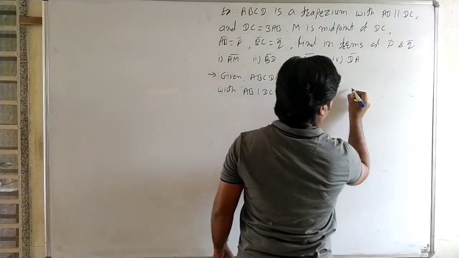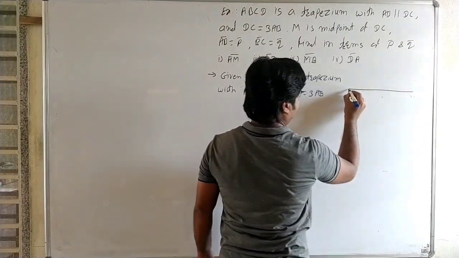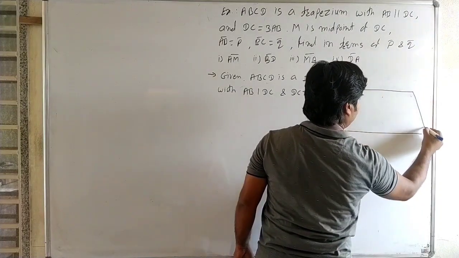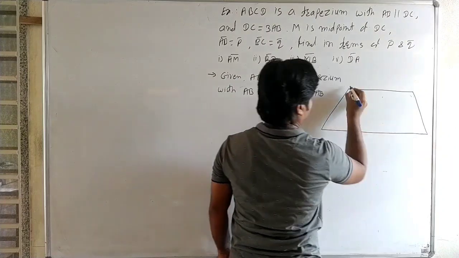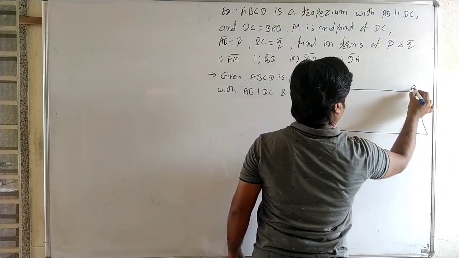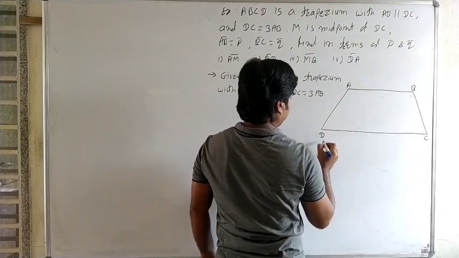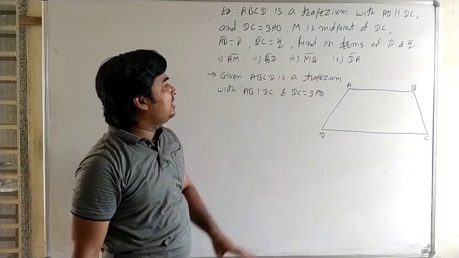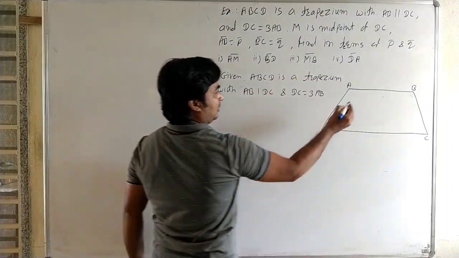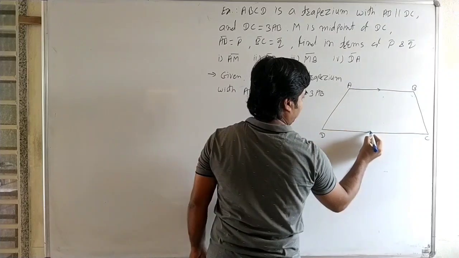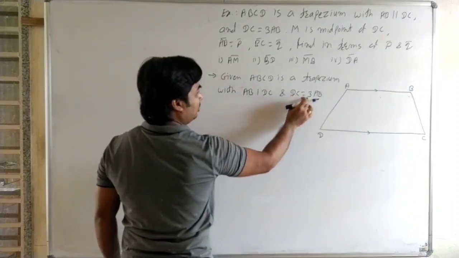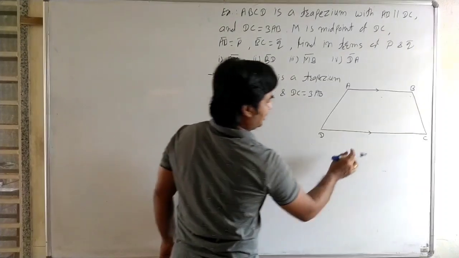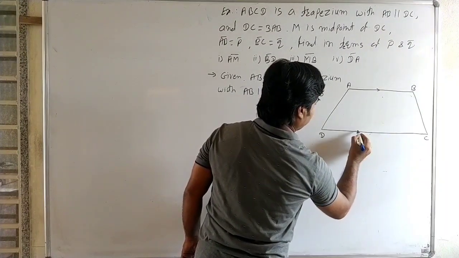In a trapezium, one pair of opposite sides is parallel. Here AB and DC are parallel. Now AB, DC, and given DC is equal to 3 times AB, and also M is the midpoint of DC. Okay, here we can write here M.